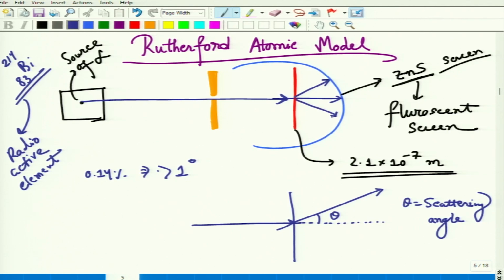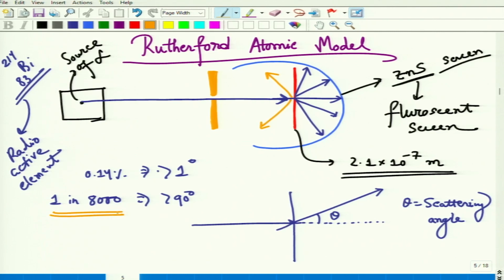And about 1 in 8,000, so we can compute the percentage also, was deflected by more than 90 degrees. This was less than 90 degrees, this deflection was, but a very small amount was deflected like this, more than 90 degrees.